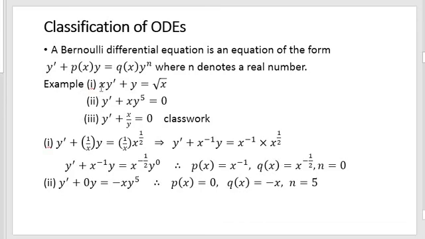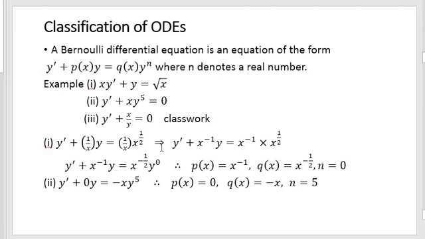Example number 1, suppose we have x y prime plus y is equal to the square root of x. I want to write this in terms of the Bernoulli equation. First of all, you can see here I've got this x, and I want to remove it. So dividing by x throughout, I'll get y prime plus (1 over x) y is equal to 1 over x to the power half. Remember, square root of x is the same as raising x to the power half.